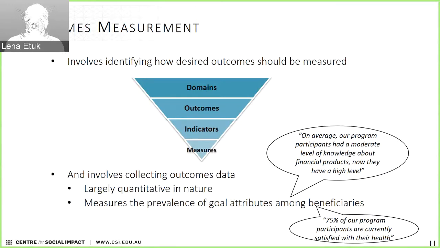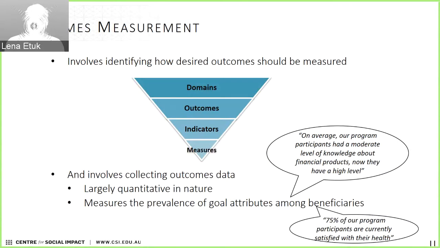That's outcomes measurement. But it also involves collecting outcomes data. Largely, outcomes data in the context of outcomes measurement and evaluation is going to be quantitative in nature. So it'll be numbers, numeric.